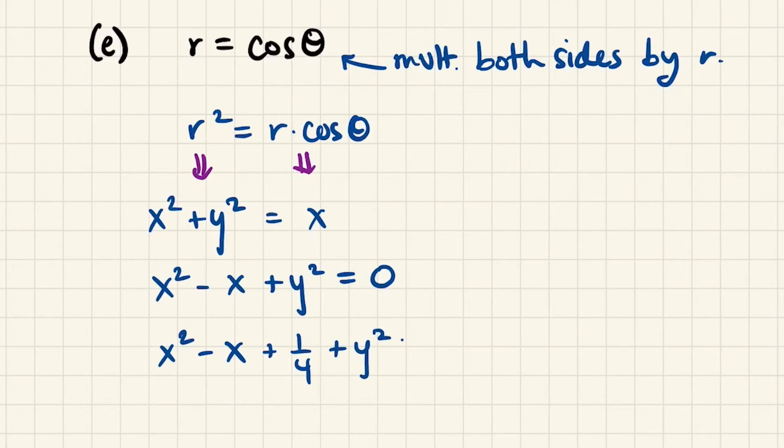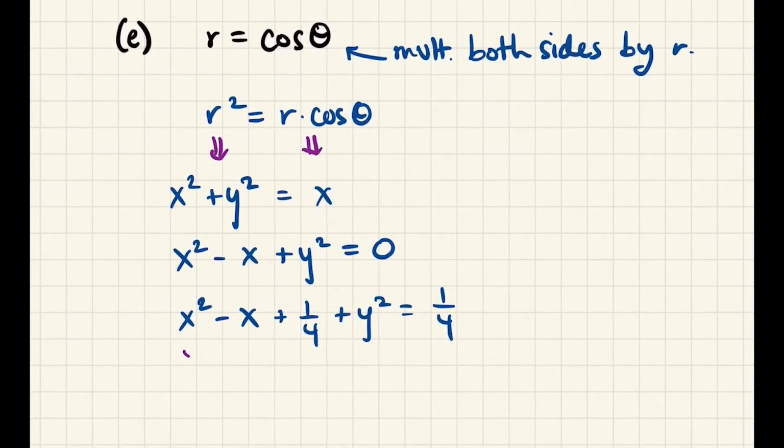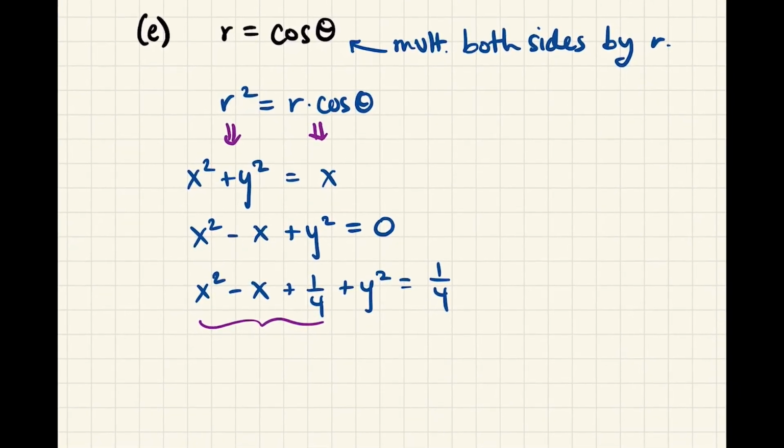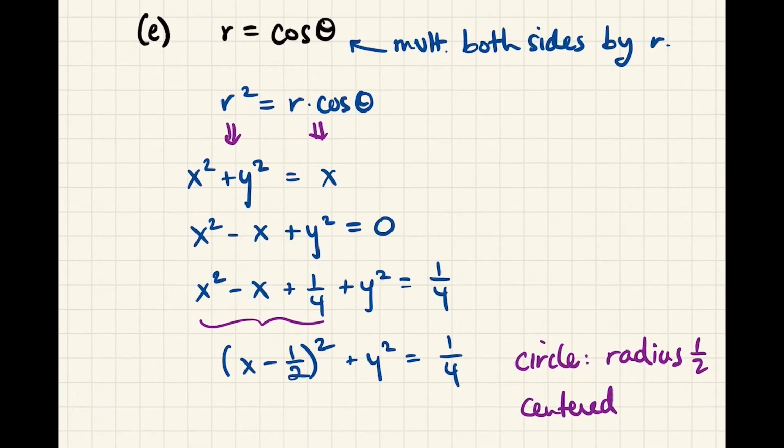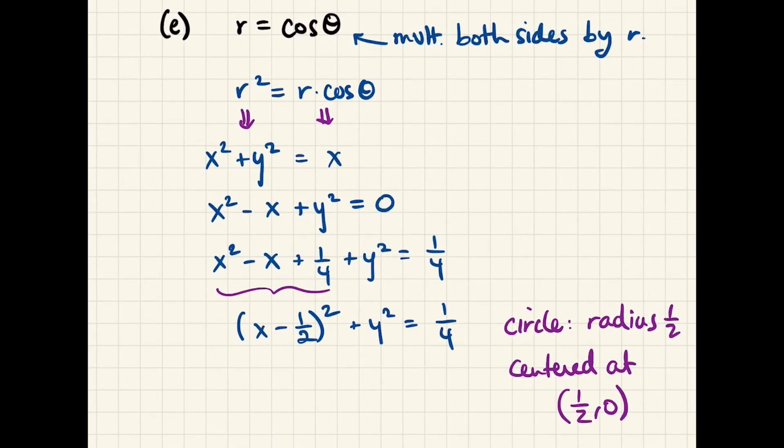Plus y squared equals 1/4. Now we can factor this part to (x minus 1/2) squared plus y squared equals 1/4. Aha. We can see that this is a circle of radius 1/2, centered at (1/2, 0).